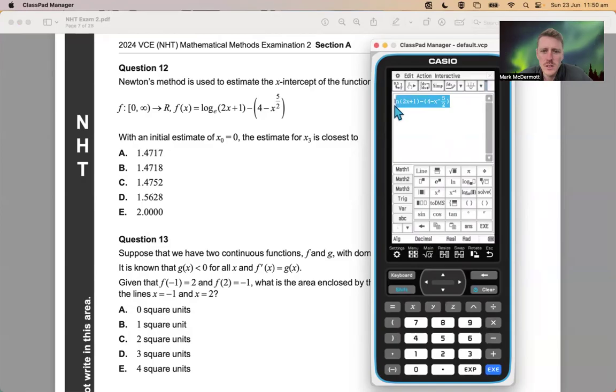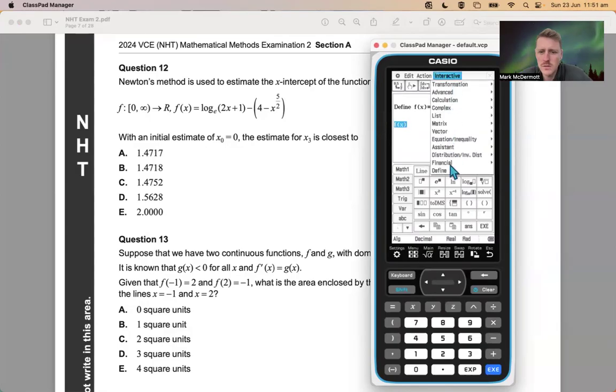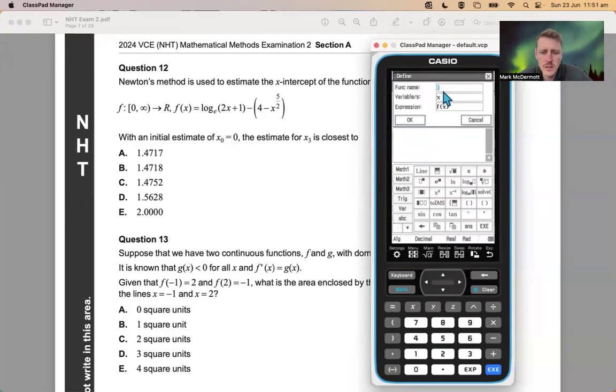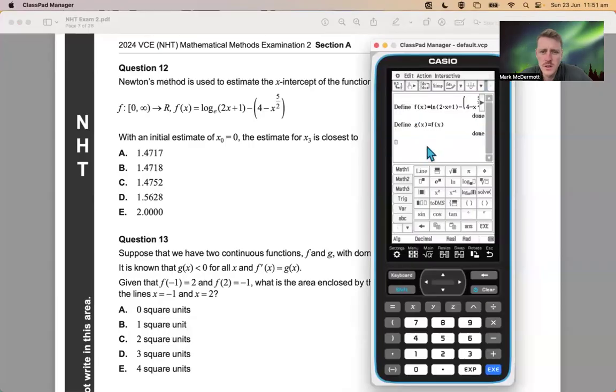Okay, we're going to highlight that. So we're going to interactive define. Let's define that as f of x. Okay, hopefully you can recall that you also need the derivative. So let's write f of x because that's part of Newton's method. Interactive define. Let's define the derivative as g of x. Okay. And I didn't do that properly, did I? Nope, I did not. So I just overwrote it.